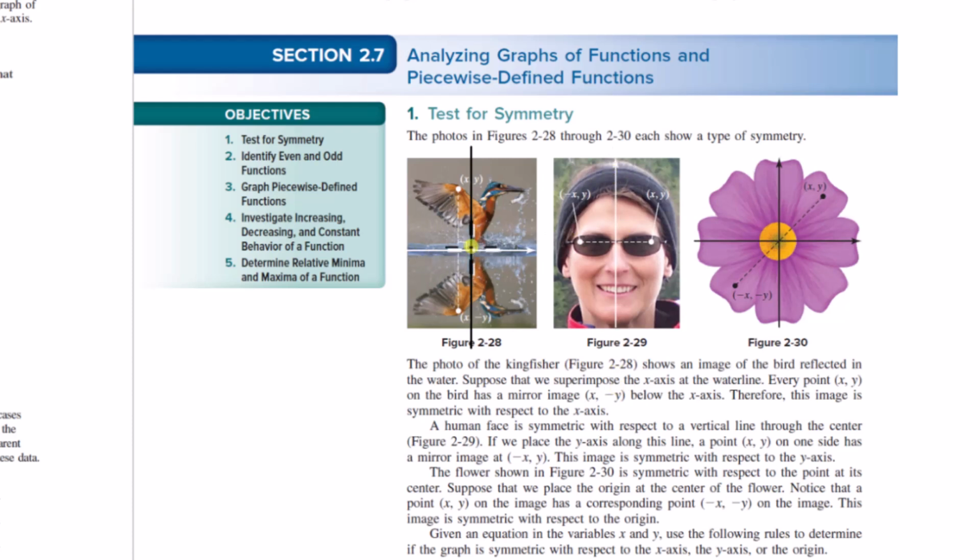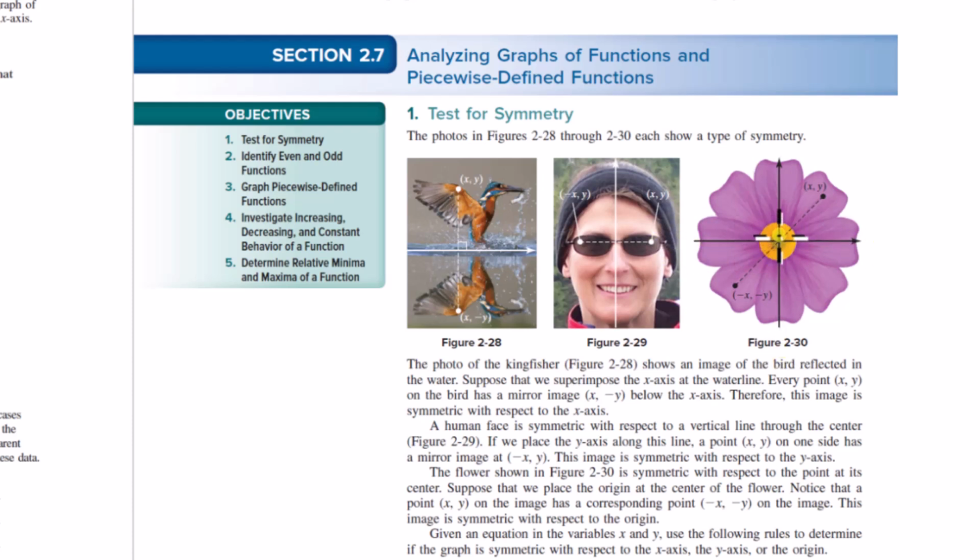Okay, if the y-axis is here, you come to any point x, minus y, and put a minus sign in front of the y. What are you left with? x, y. You're going to get the same gray value and color value. So you can see the idea of a symmetry about a horizontal and a vertical axis. The example they're showing here is that this flower is symmetric with respect to the origin.